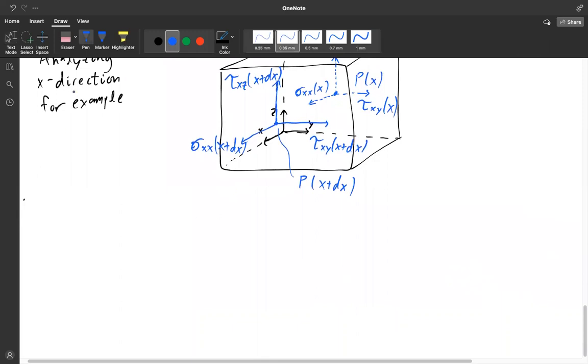So for the x direction, at x, we have P of x equals the pressure times dy dz. Actually, let's do this.